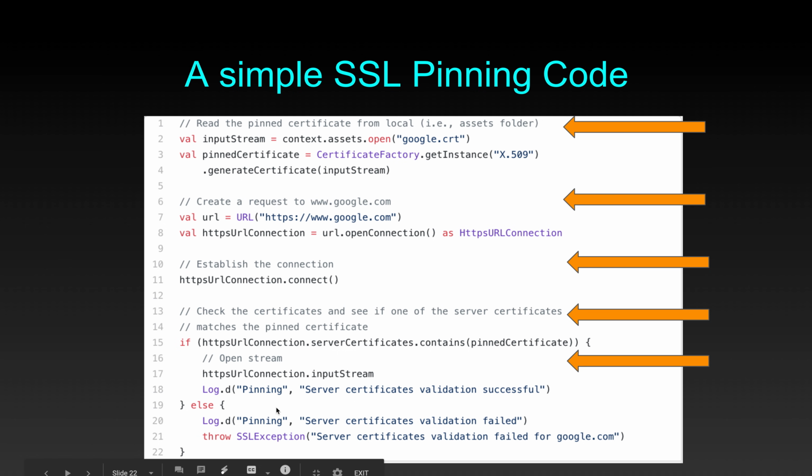And if the certificate matches, then it is going to show a message that server certificate validation is successful. And if the server certificate validation fails, then it is going to throw an error that server certificate validation failed. So this is how a simple SSL pinning code looks.